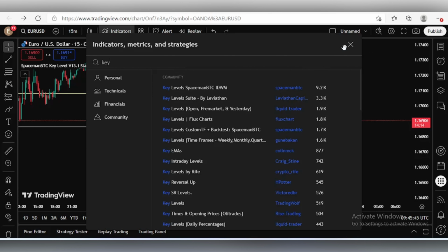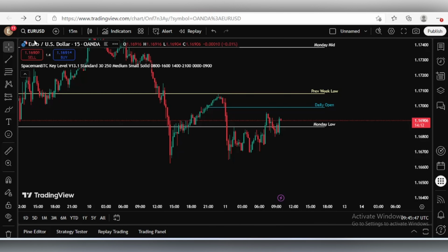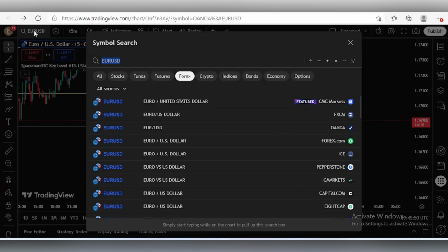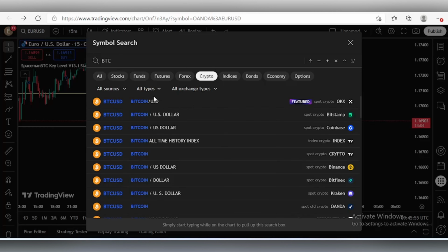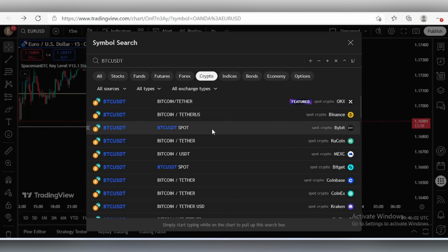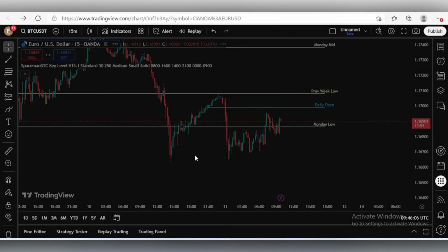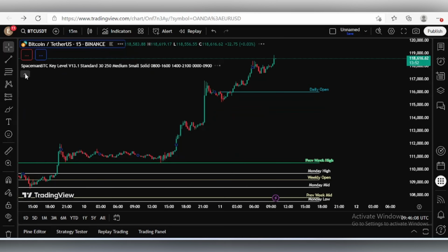Just go ahead and click on that. And while we are at this, since it has BTC in its name, let's type in BTC USDT and switch this to crypto. Use BTC USDT. We're going to be using the Binance market.